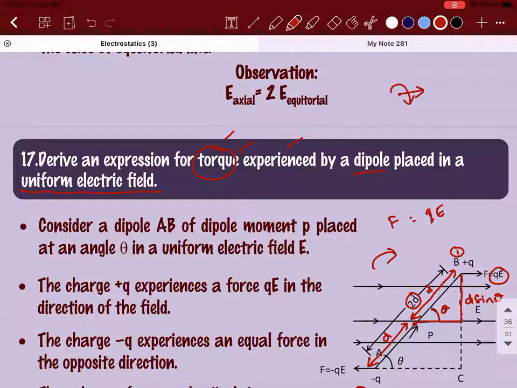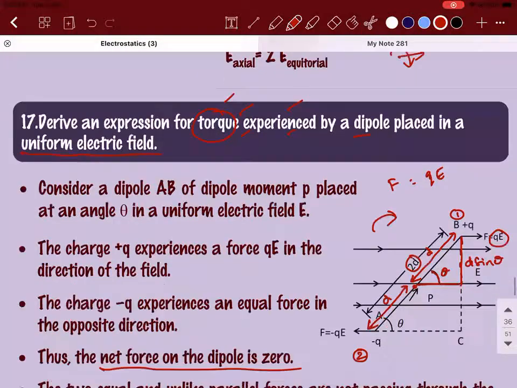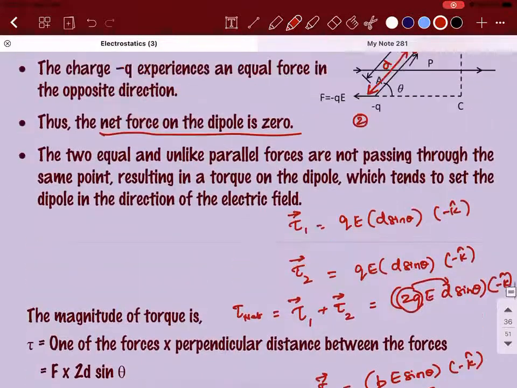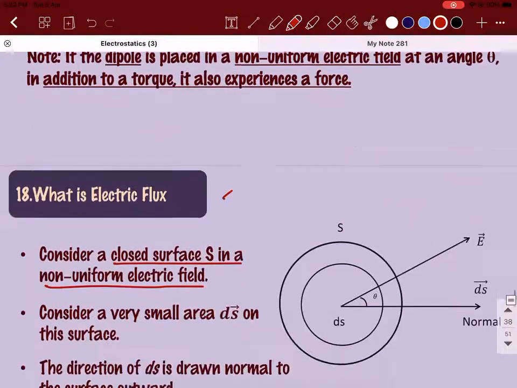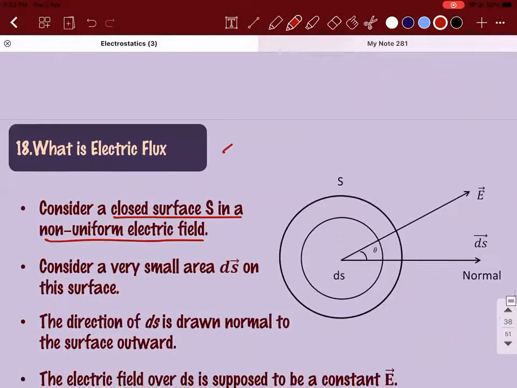Just give me a minute. Okay, that is all about a dipole placed in a non-uniform electric field.